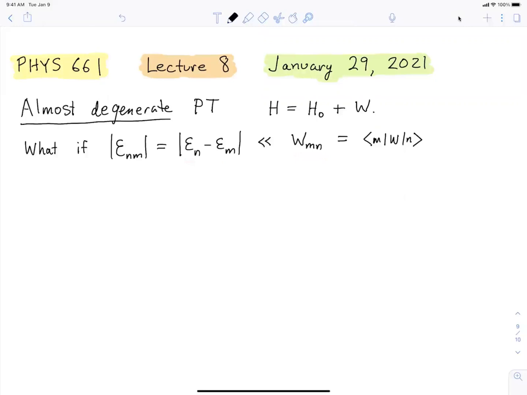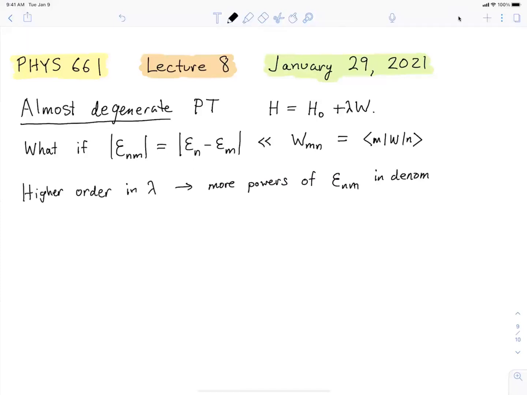Okay, and indeed, that's a problem because when you go to higher order in lambda, and I guess if I'm talking about lambda, I should really have restored my lambda here, which we often set to 1 later. But higher order in lambda means higher powers in lambda, which will mean more powers of the energy differences in the denominators.